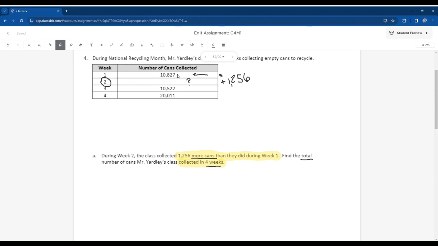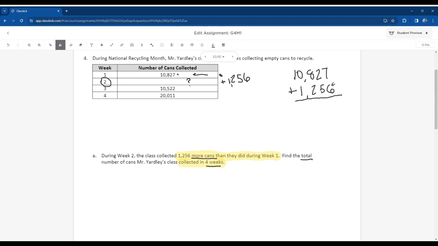So we're going to take week 1's amount and add it to 1,256. So I'll do that over here. 10,827 cans plus 1,256 cans. Remember to line up our place values. If you line up your commas, that kind of ensures that you're going to line up your place values, but everything should be justified here on the right-hand side.